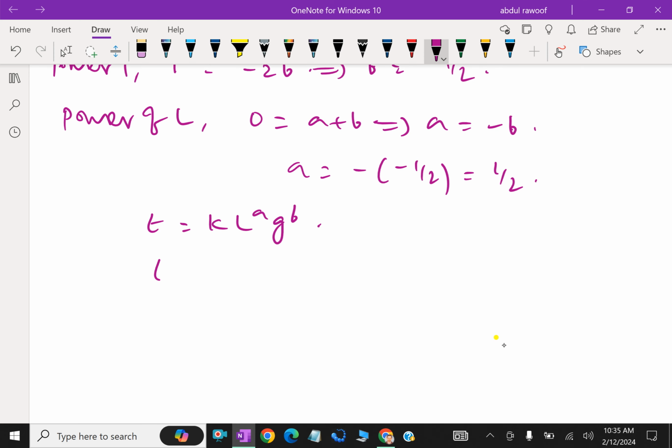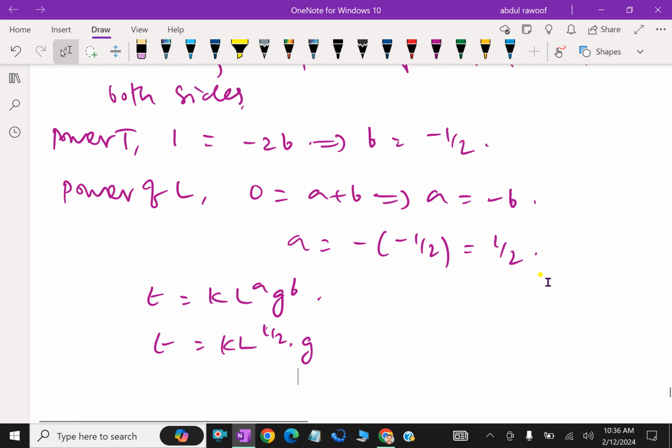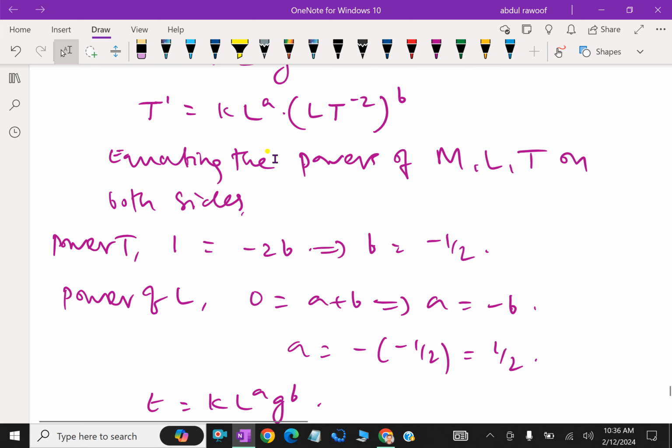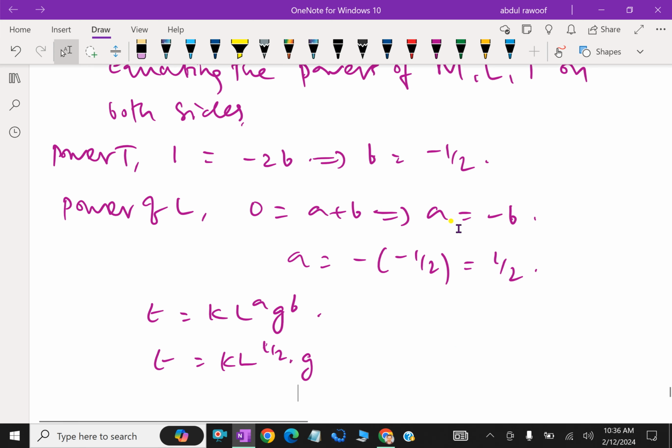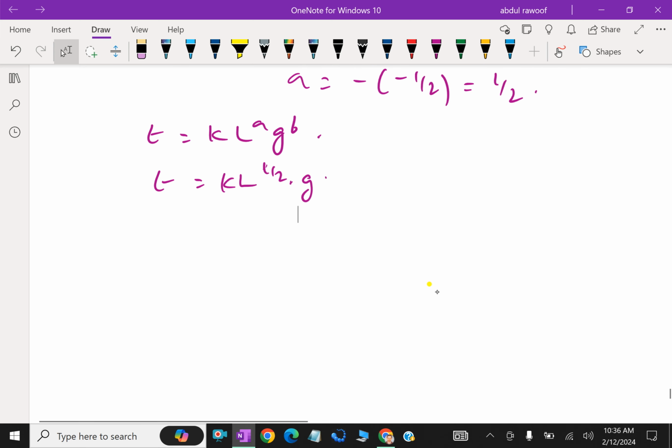Therefore T equal k times L power half and g power minus half.